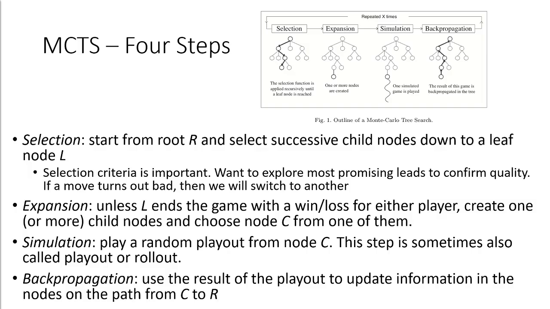Of the nodes that you already have this bookkeeping for, those are the ones that you expand down until you get to the point of there being a leaf. Now the leaf that you've got is just the leaf so far, and it is not usually going to be a terminal state.